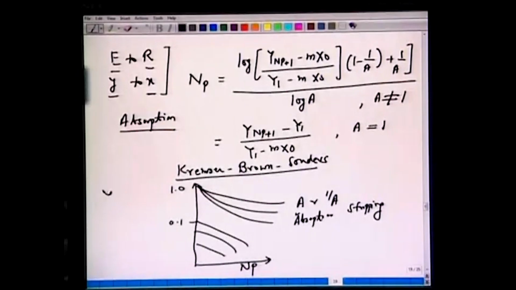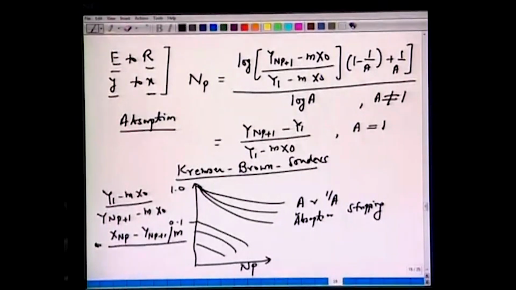And here we have y1 minus mx0 over y NP plus 1 minus m x0, or x NP in the second case, when we have stripping: y NP plus 1 over m minus x0, over x0 minus y NP plus 1 over m.